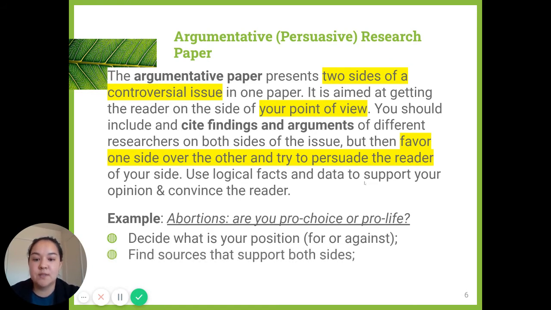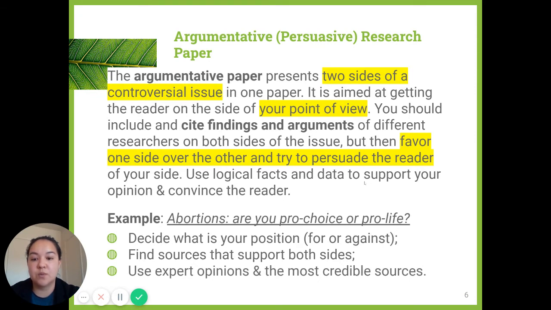You will find sources that support both sides. You will use expert opinions and the most credible sources. And then finally, I think I forgot to mention here, you also need to convince the reader that they should take your side as well, right?